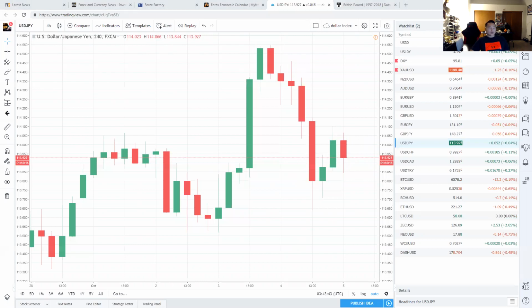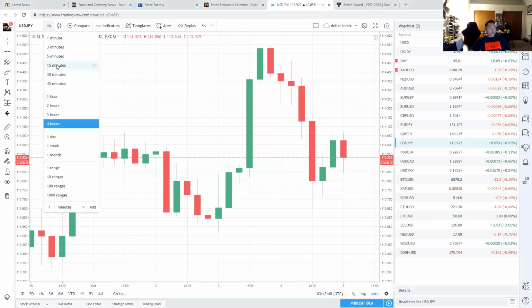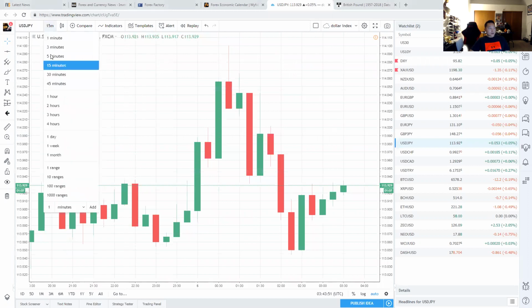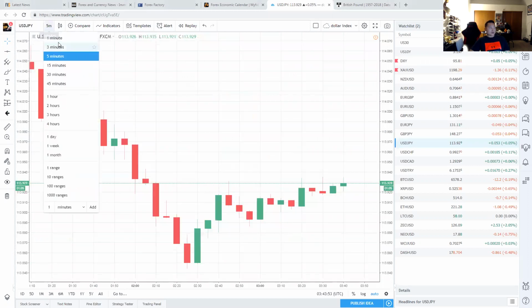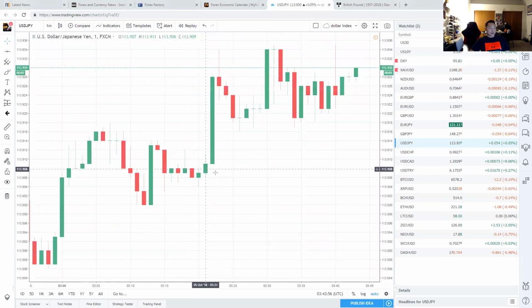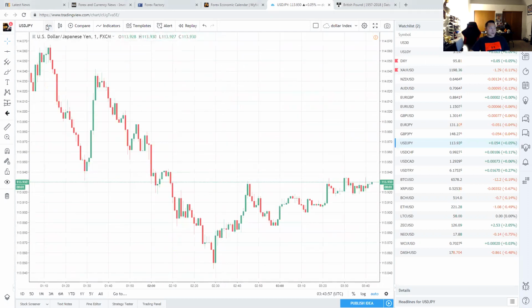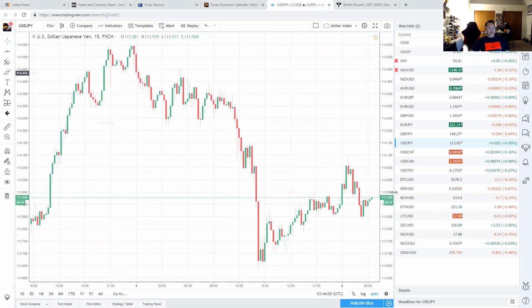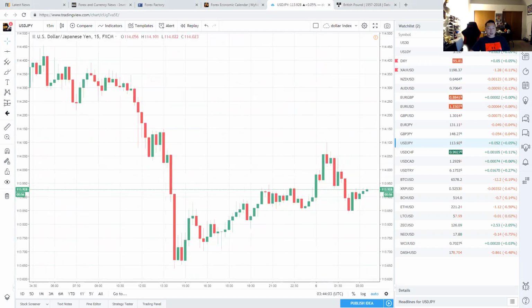Why in the world would you waste your time looking at the 4-hour if it's just sitting there? You need to look at the 15-minute or the 5-minute, or if you want, the 1-minute. Because guess what? You're looking for a breakout now. I'm looking for a breakout. You can see that the past 15-minute candles haven't really done anything.